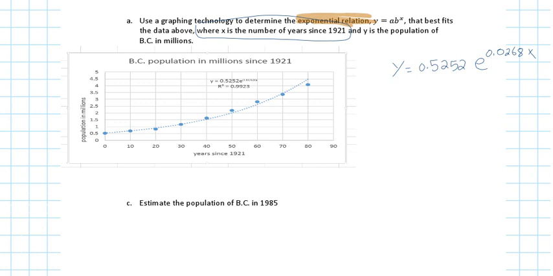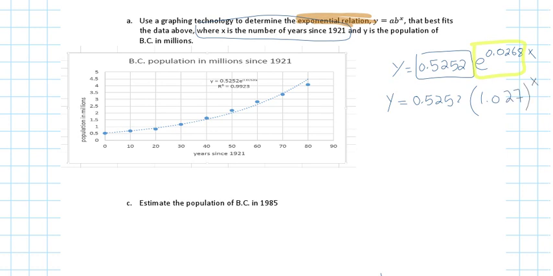So my equation, eyes on me for a second. Now, this is my initial population. It's not going to change. This is the initial population, and I'm going to write it as my initial. Then my base, when we did e to the power of 0.0268 on the calculator, that gave me 1.027 to the power of x.